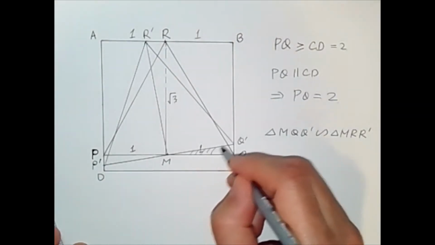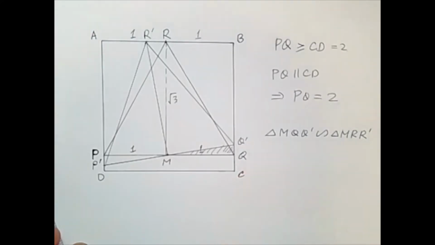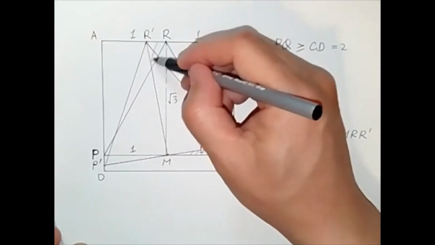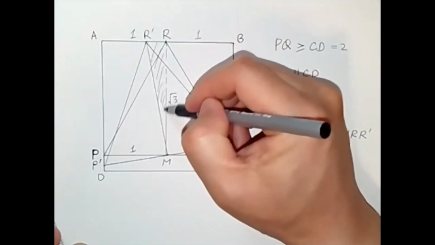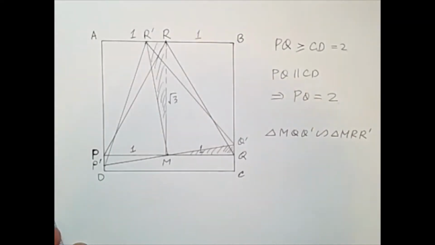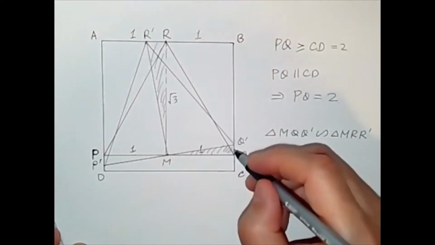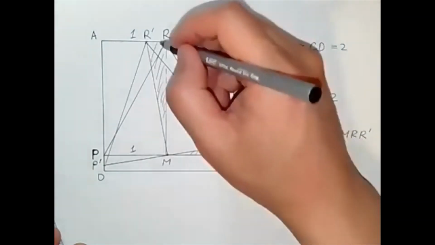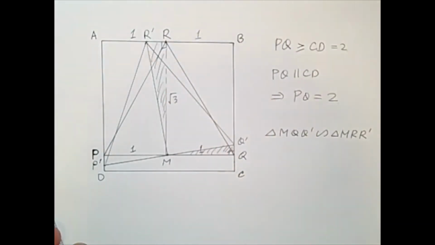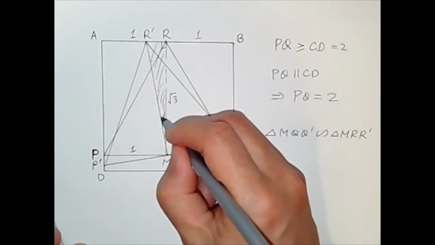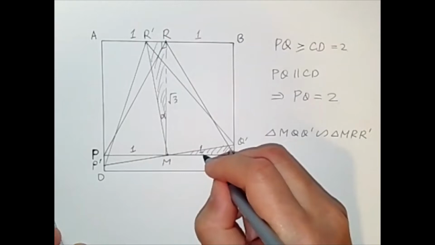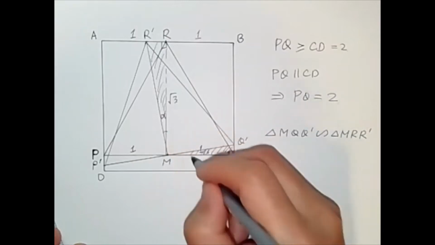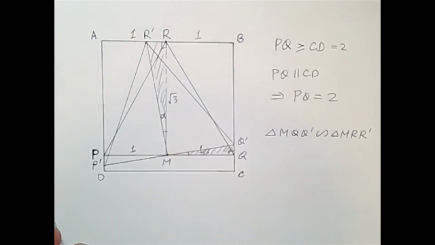This triangle and this triangle. We know they're both right triangles. To prove the similarity, we only need one more angle. Let's assume this is alpha, this is beta, alpha, beta. I'm going to prove they are congruent.